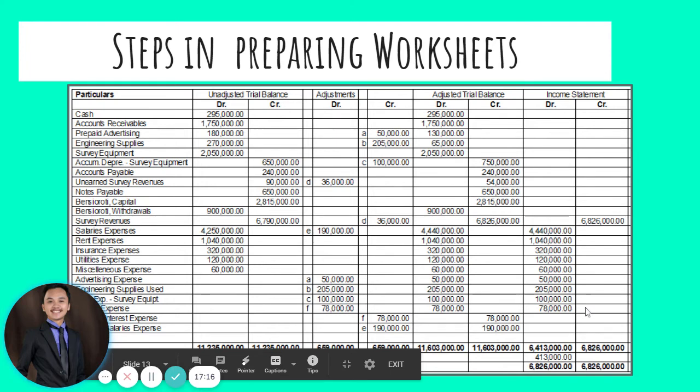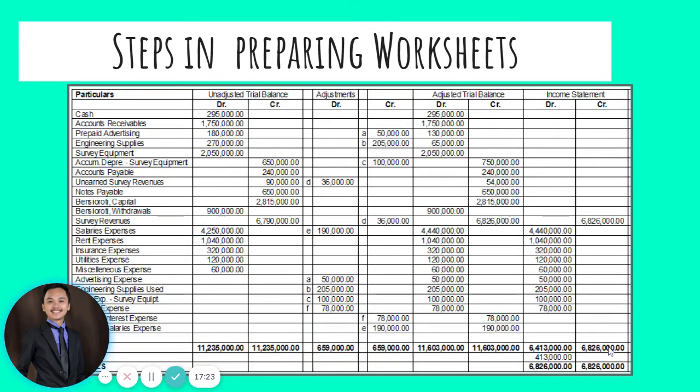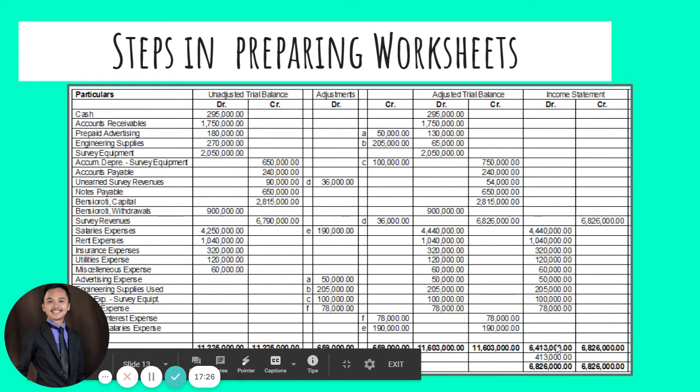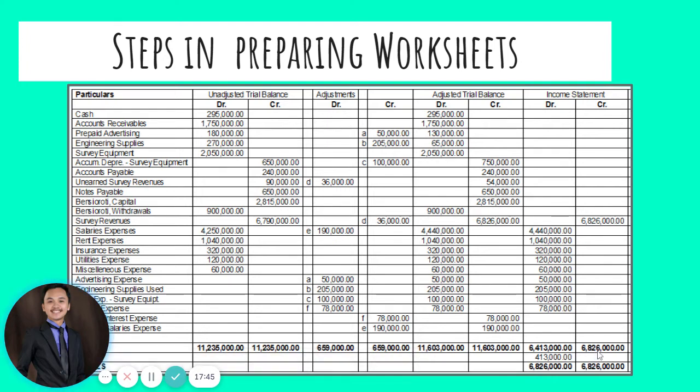Therefore, we do the footing again. This time, it is expected that we will not have balanced debits and credits, because there should be a higher credit in order for you to earn a profit. If your credit side is higher, then that means there is profit. But if your debit side is higher, then there is a loss. In this case, we have a profit, because we have 6,826,000 total credits, but your total debits only include 6,413,000.